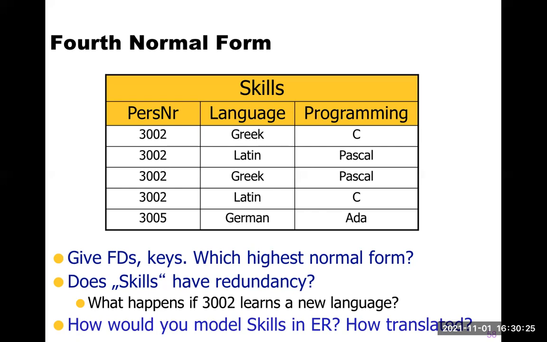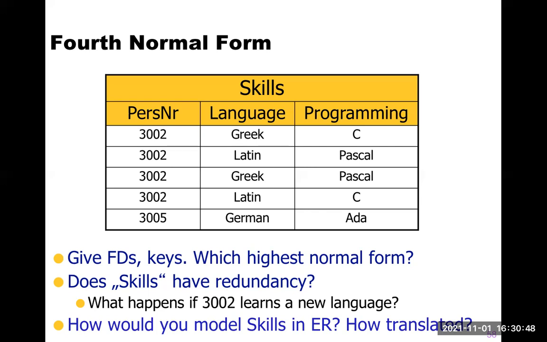We have no non-key attributes, and we have no functional dependencies, essentially, besides trivial ones. And the key is the whole table, so that's it. So it conforms to all the normal forms up to fourth, including Boyce-Codd normal form, third, second, and first.